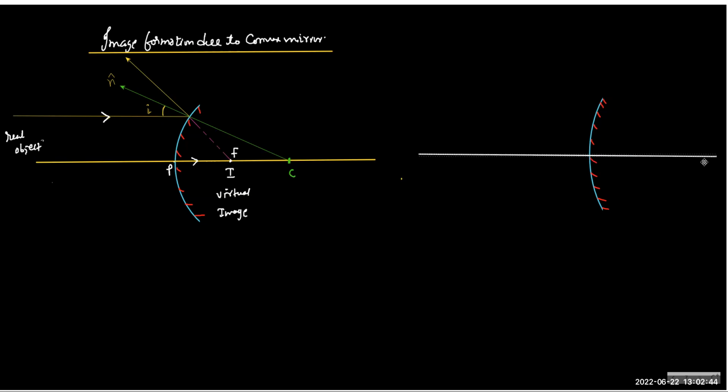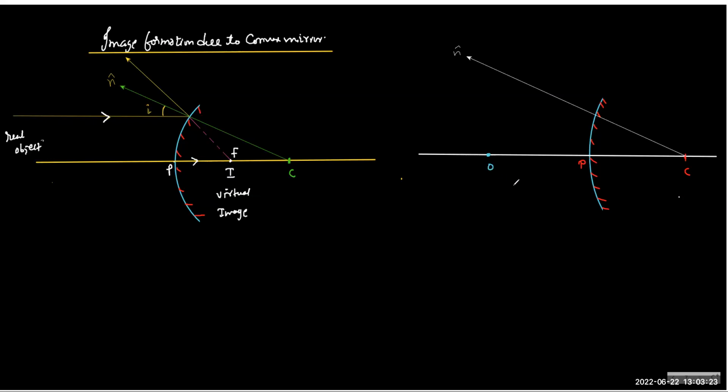It's always a good idea to draw the normal before you draw any ray diagram. The normal goes from the center to any point on the mirror; that's normal by the definition of a circle. Now, knowing the normal, choose any point on the principal axis. It really doesn't matter whether it's close or far.